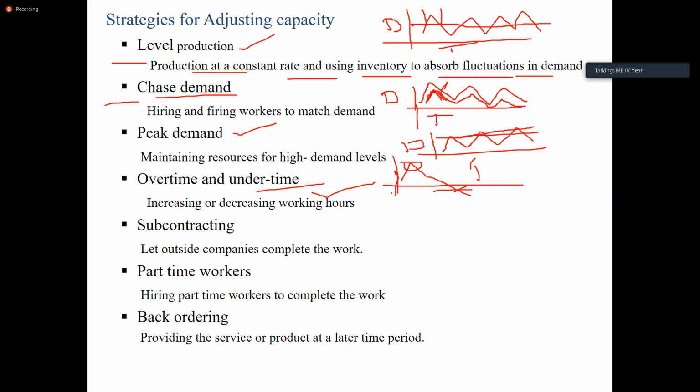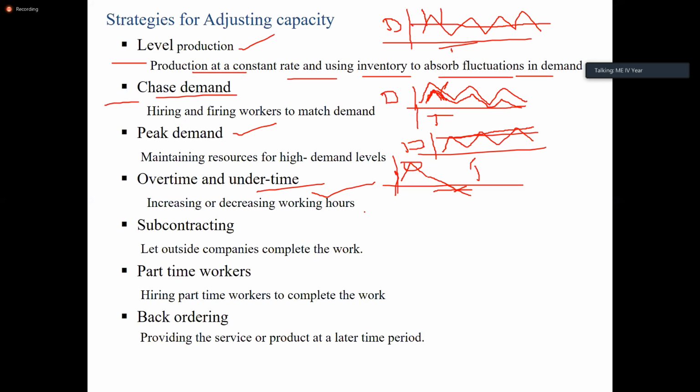Subcontracting: let outside companies complete the work. Suddenly demand is increasing and reducing and increasing again, something like this. So here, you manufacture in-house up to this level only.